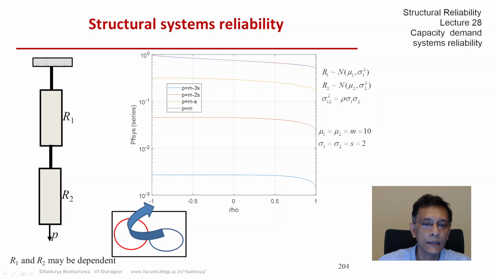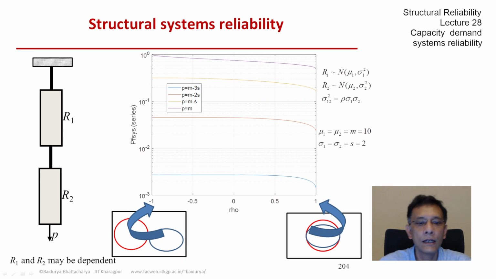On the other hand, if R1 and R2 vary together, they achieve high values together and they achieve low values together, if that happens, then PF_sys, the system failure probability, is the lowest in each case.